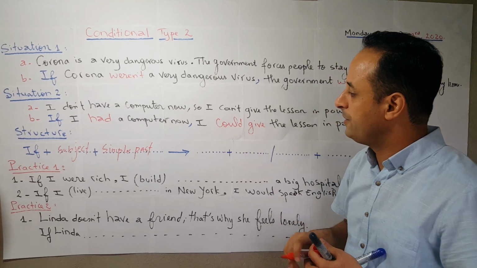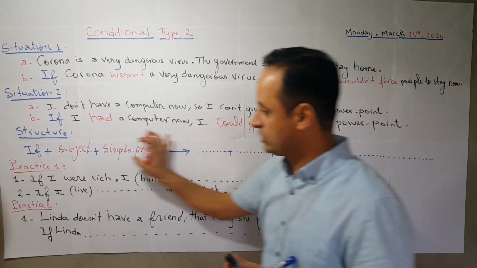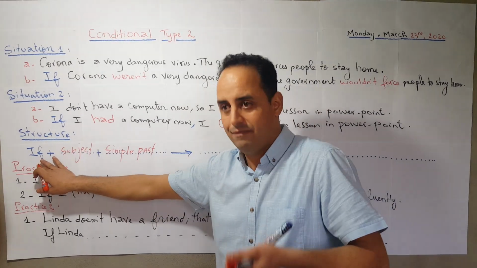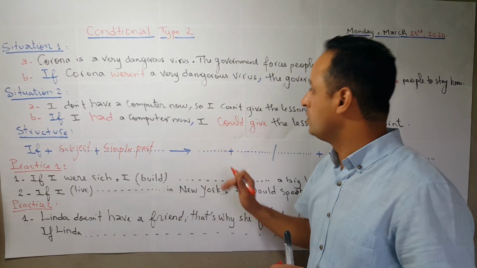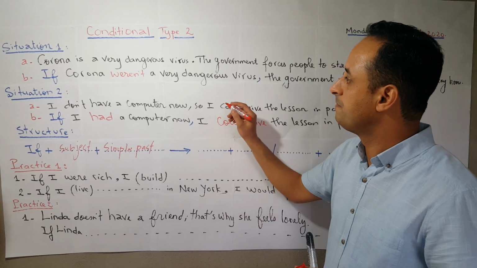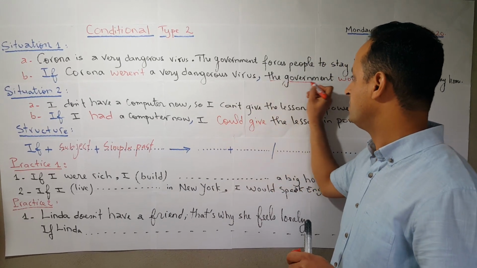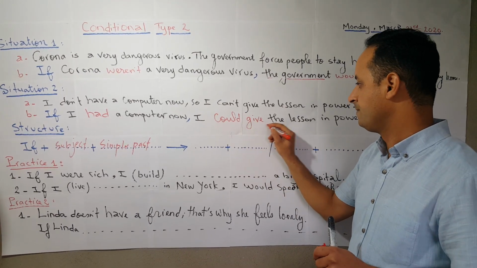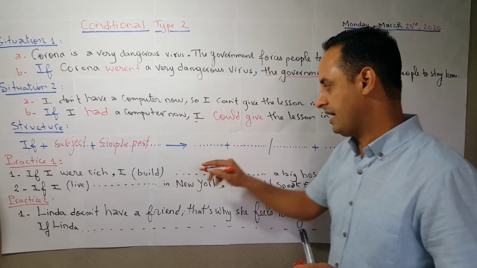And then in the result clause, so this is called the if clause, the clause that starts with if, we call it an if clause. The result clause starts with, in this case, the government, and in situation 2, I, which means again subject.